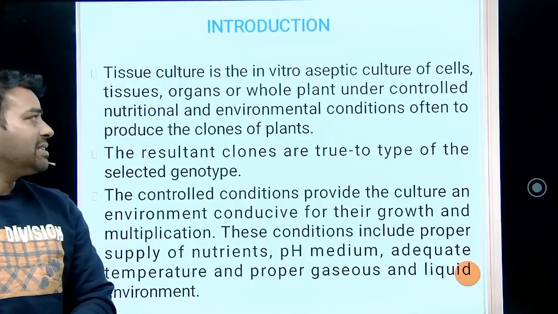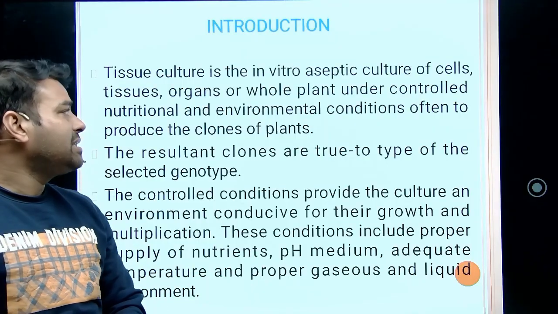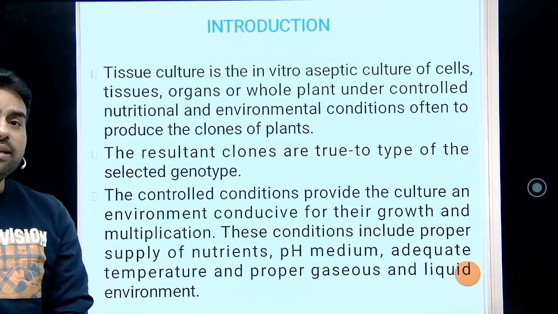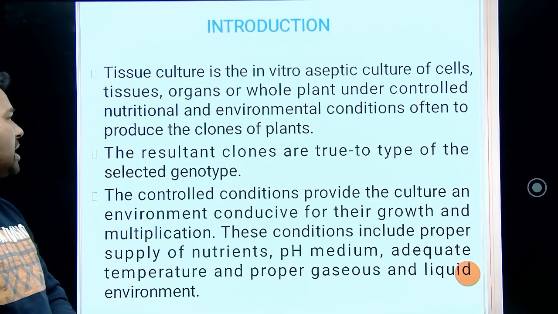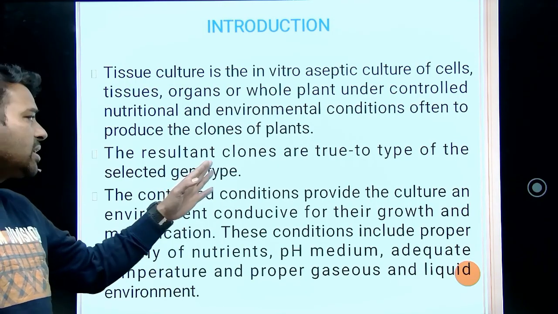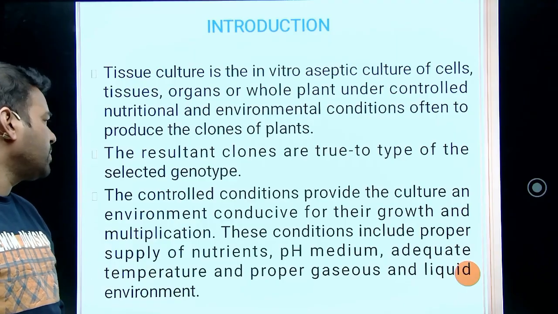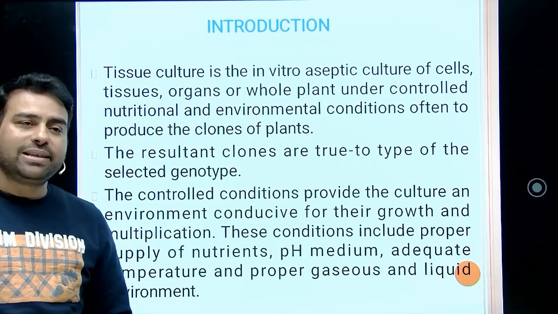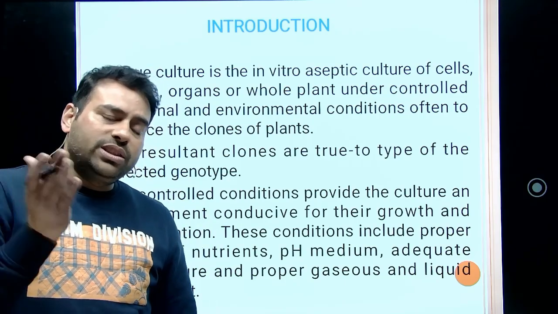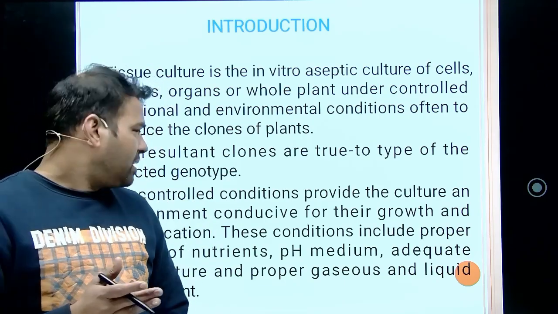So tissue culture is the in vitro aseptic culture of cells, tissues, organs, or whole plant under controlled conditions. Nutritional requirements will be there, environmental conditions will be there. The resultant clones are true to type of the selected genotype, means whatever plant we will get, they are genotypically the same as their mother plants.